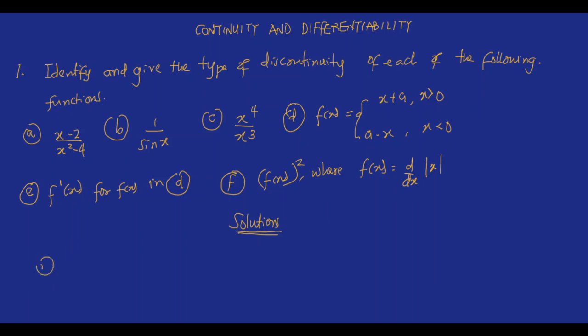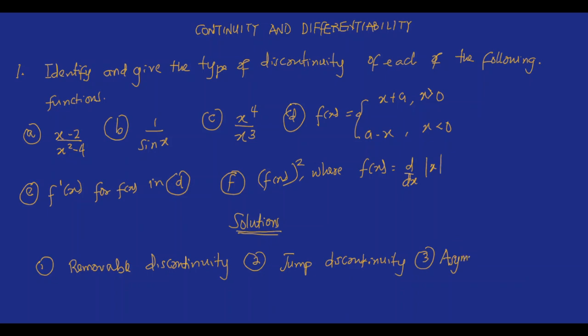We have the removable discontinuity, the second type is the jump discontinuity, and the third type is the asymptotic discontinuity, or sometimes it's called an infinite discontinuity. I will briefly explain what each of these discontinuities means, then we can take a look at it in the functions that we've been given.